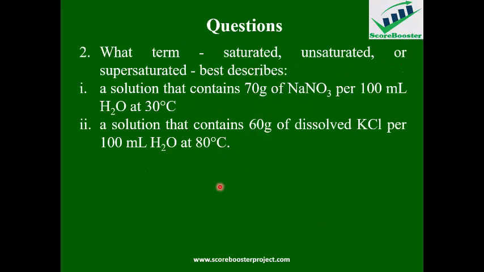So which term, saturated, unsaturated, or supersaturated, best describes a solution that contains 70 grams of sodium nitrate in 100 ml of water at 30? If we look at that curve again, we are going to look at the solubility of sodium nitrate at 30.